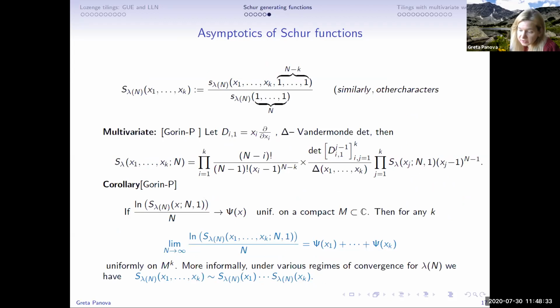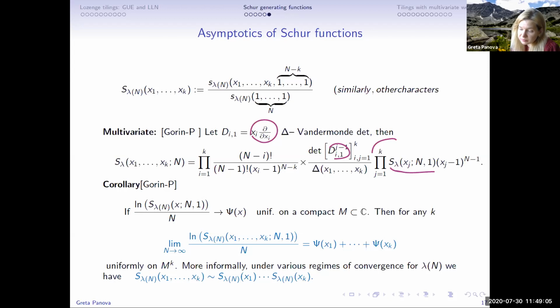Okay, and the way to actually get the multivariate case from the single variate case is, again, thanks to the symmetry and the determinantal structure of the Schur functions. We have this formula: a van der Monde of this type of operators acting on the product of this single normalized Schur functions that we already can analyze asymptotically.